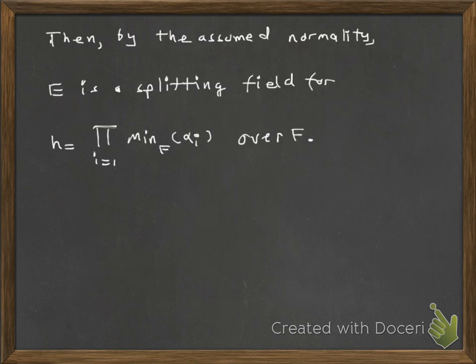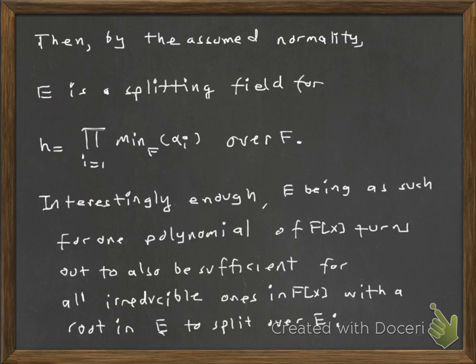Now, because of the normality of the extension, each of these polynomials splits over E, and so does their product. And clearly, E is then a splitting field for this polynomial h over F. So if a finite degree extension is normal, then the extension field is a splitting field for one polynomial over F.